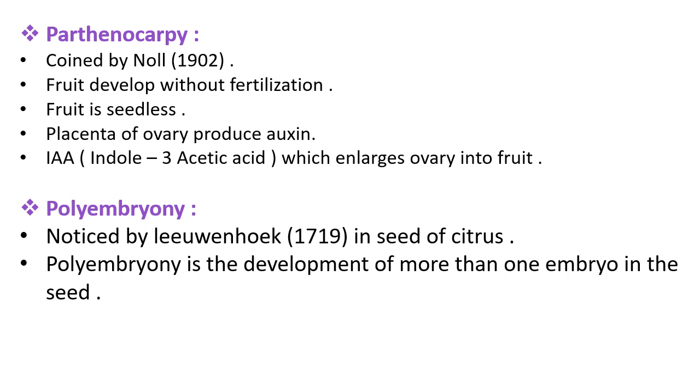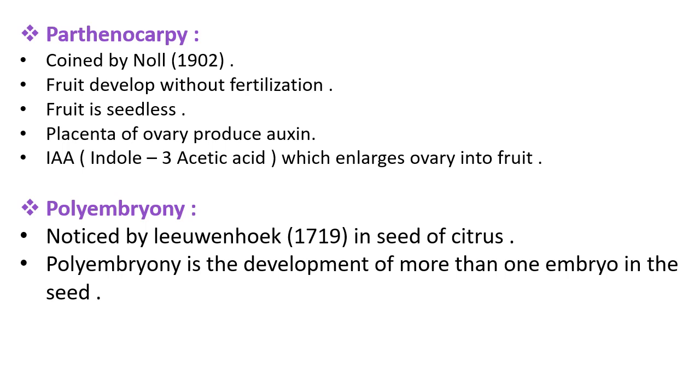That means the fruit show absence of seeds. Hence, the fruits are called as Parthenocarpous fruits and the phenomenon is called as Parthenocarpy. The common examples of Parthenocarpy are pineapple and banana.